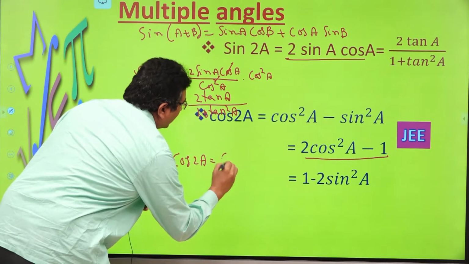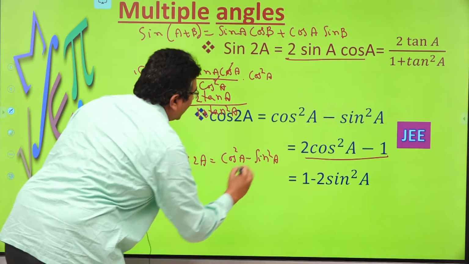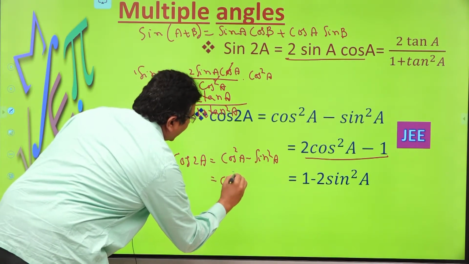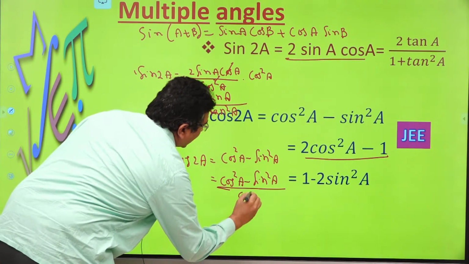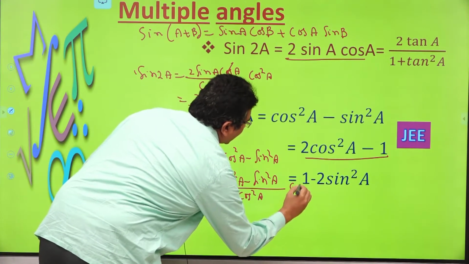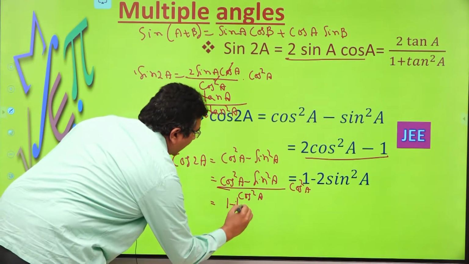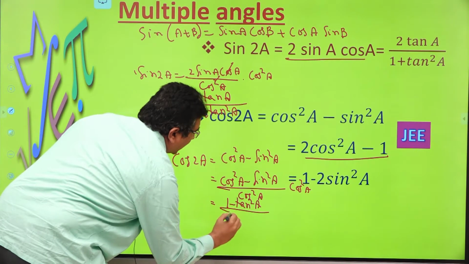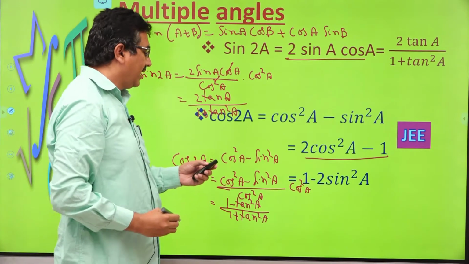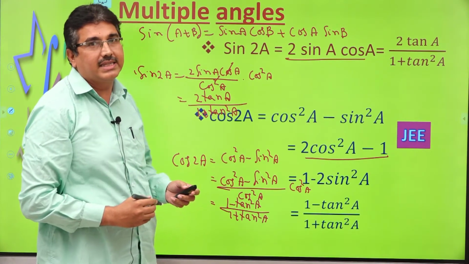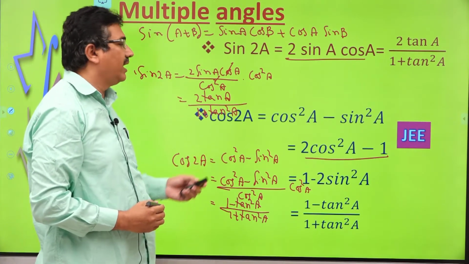Cos 2A is equal to cos square A minus sin square A. Now multiply and divide by cos square A, and that is equal to 1 minus tan square A divided by 1 plus tan square A. Cos 2A in terms of tan A is equal to 1 minus tan square A by 1 plus tan square A.